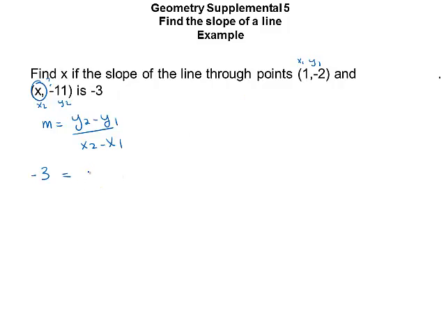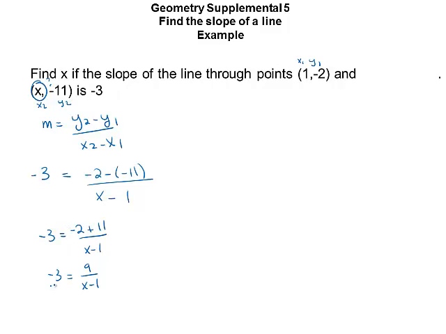So I have negative 2 minus negative 11 over x minus 1. So that's negative 2 plus 11 over x minus 1. So that's 9 over x minus 1. So I need to find out what number down here can work with this to make this all work out, right?